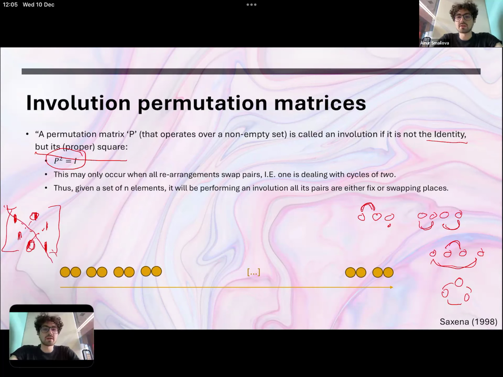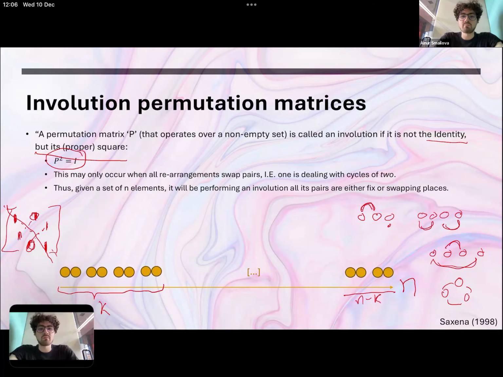And the way it looks in terms of rearranging the elements is, if you have n elements here, you will start finding all the possible ways to make these pairs trade places. And you can name these k, the k elements that will form different pairs, and everything else will be fixed. So these elements here will not be trading places. This would be n minus k.